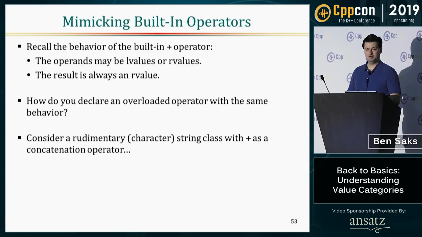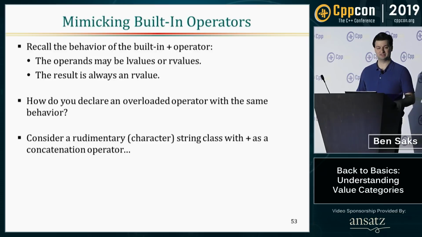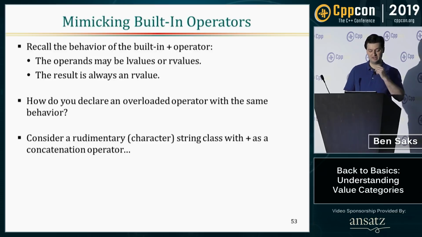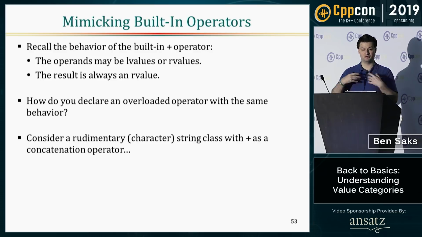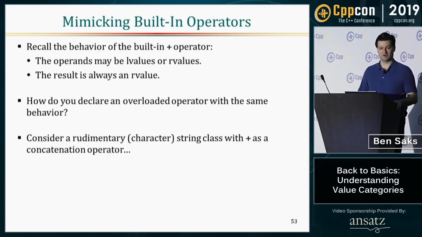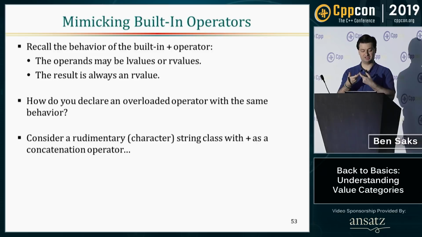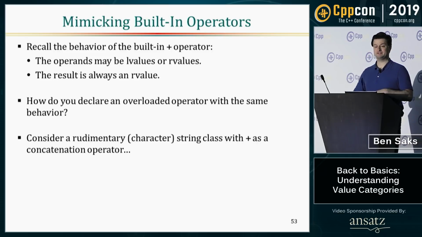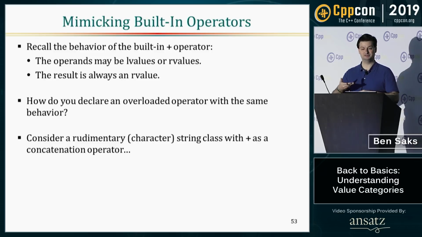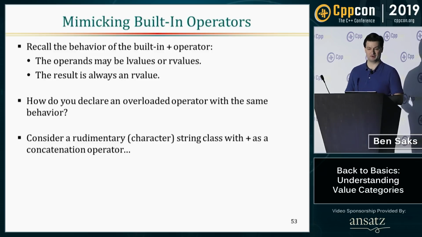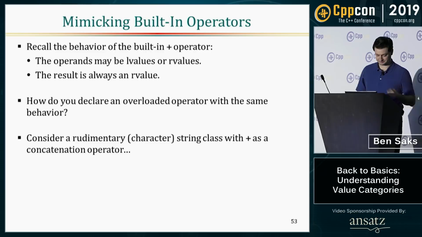So let's revisit the idea of overloading operators, and look at how we would create an overloaded plus operator for a string type that concatenates two strings together, and behaves in a way that looks very much like the way that the built-in plus operator behaves for objects like integers.